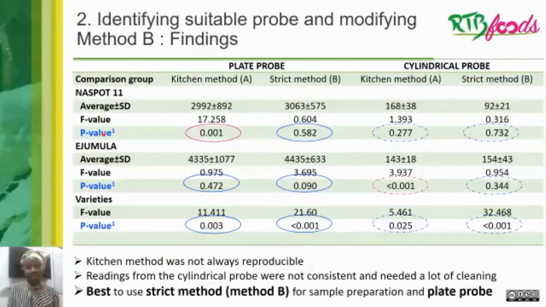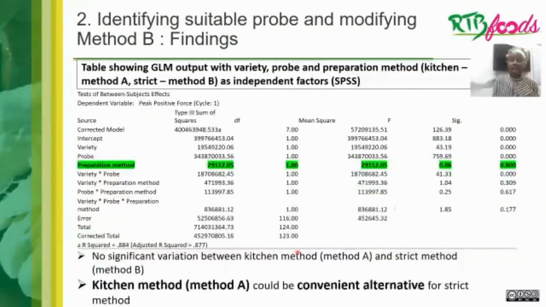So based on the results here, it was clear for us that it was best to use the strict method for sample preparation and the plaid probe TPA double compression for texture analysis. Another thing we did was that we tried to identify the source of variation, comparing the variation between the roots based on variety, probe, and preparation method.